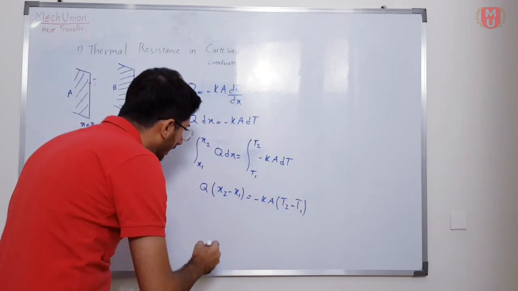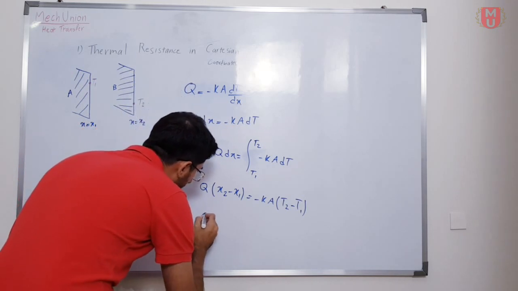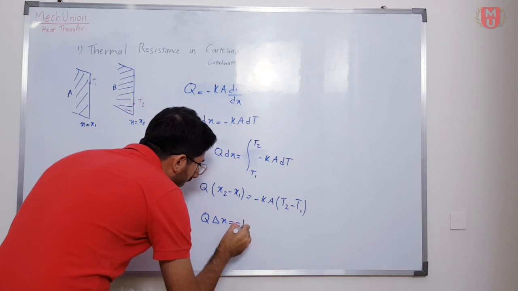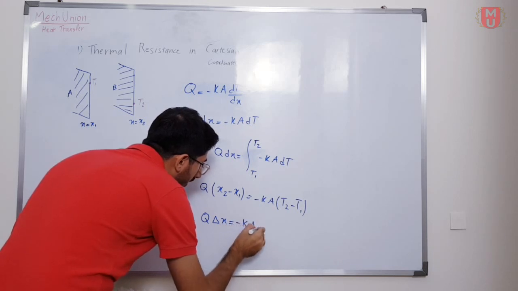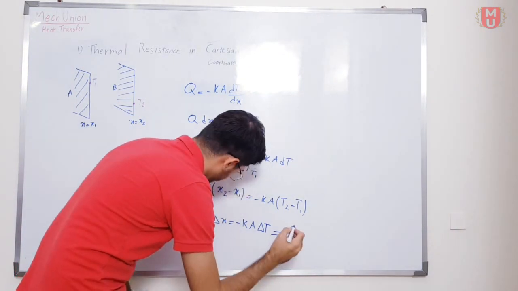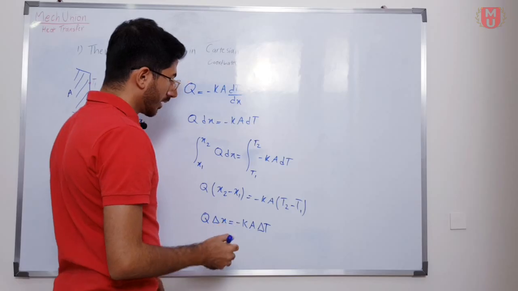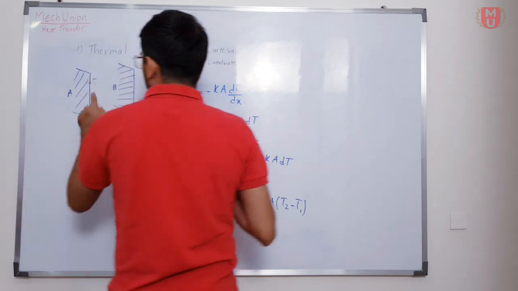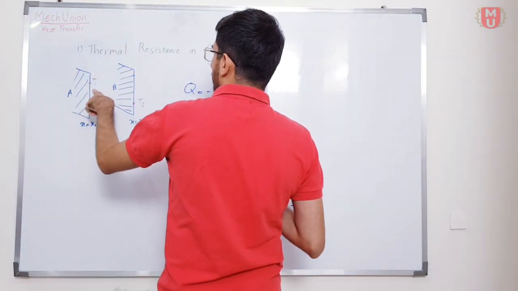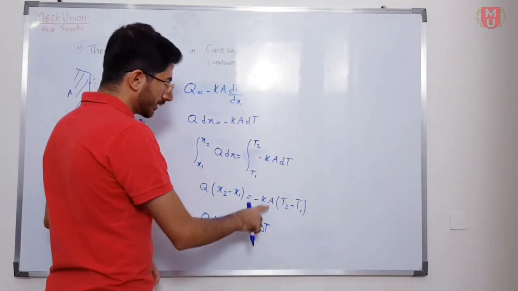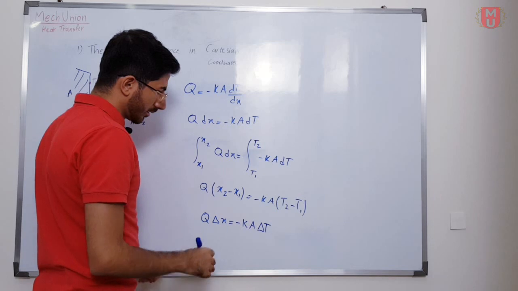Okay, again Q delta x equals minus kA delta T. Then, as T1 is bigger than T2, I put it upper than T2, and we can cancel out the minus sign.